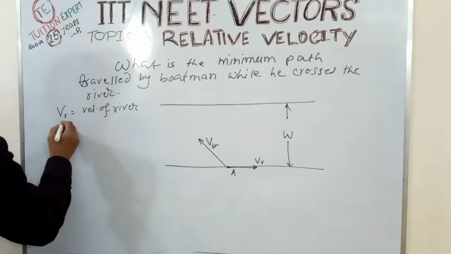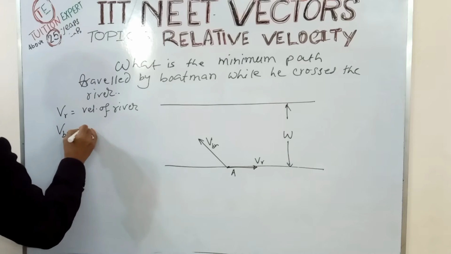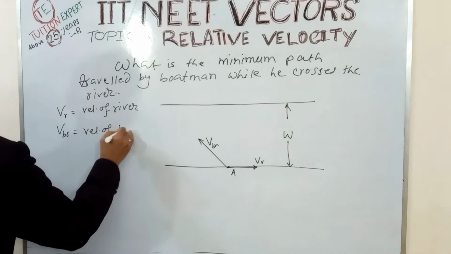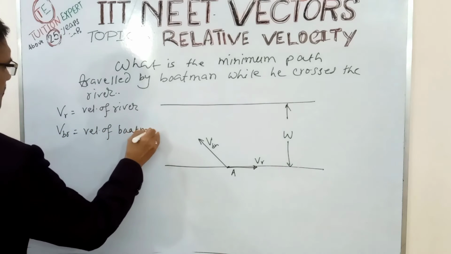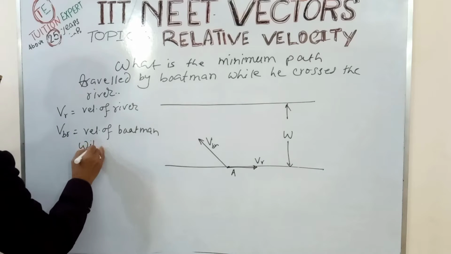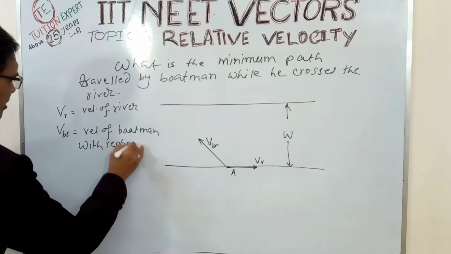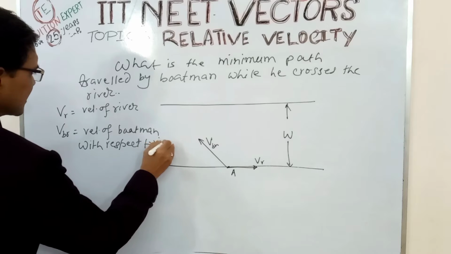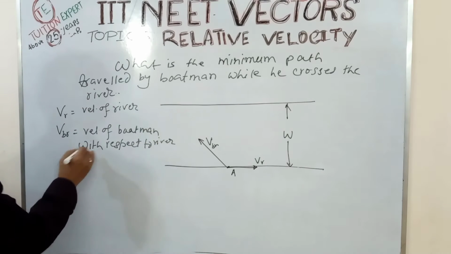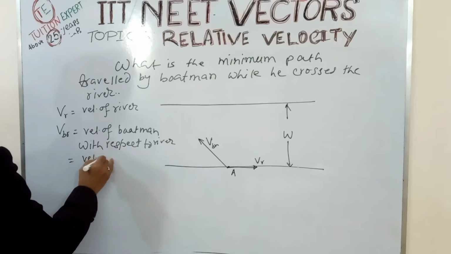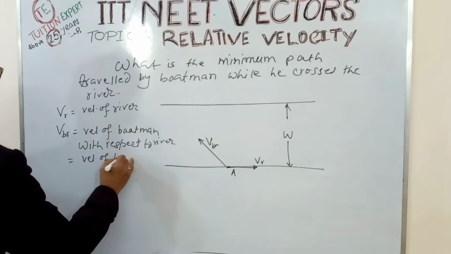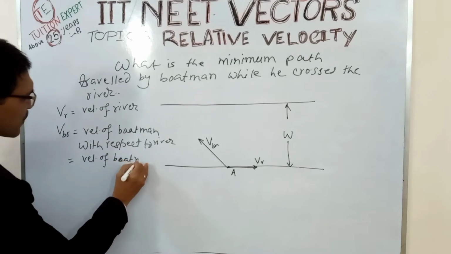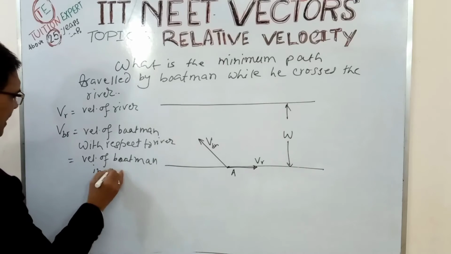So VBR equals velocity of boatman with respect to river. It is called velocity of boatman in still water.